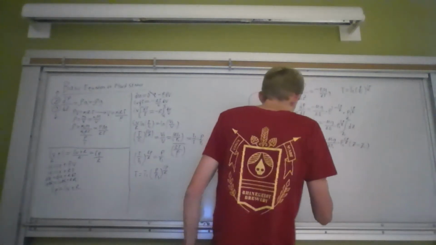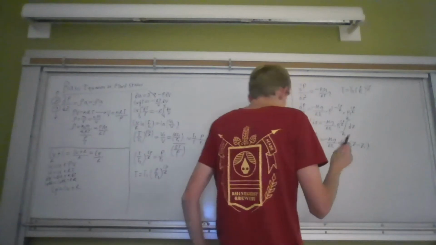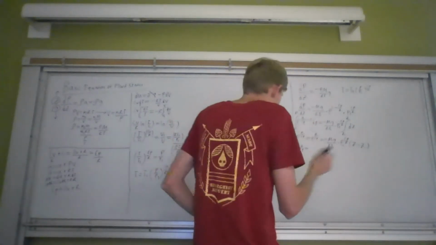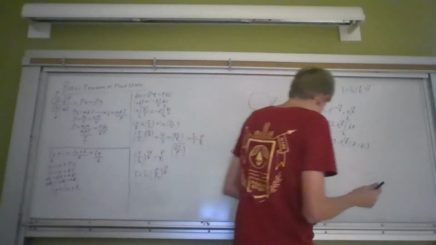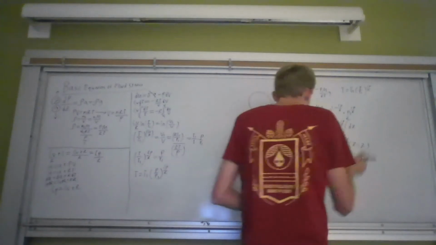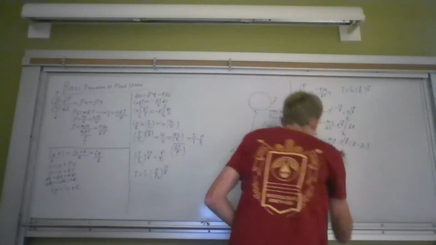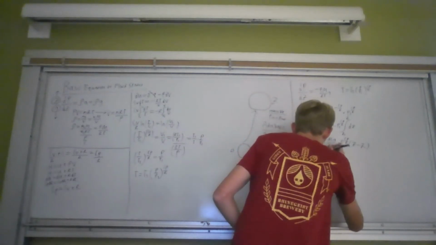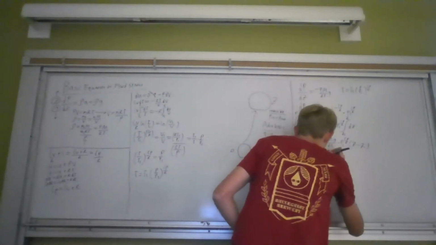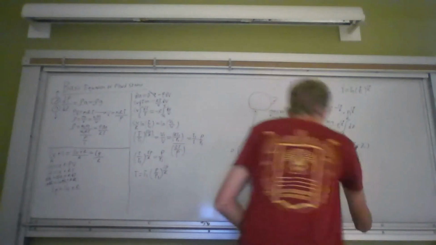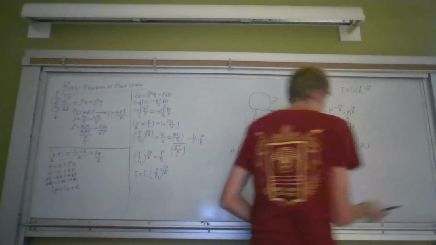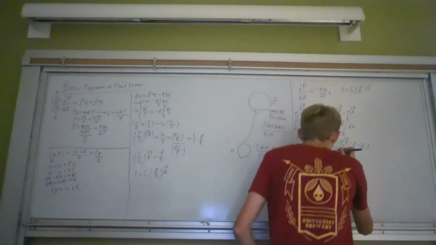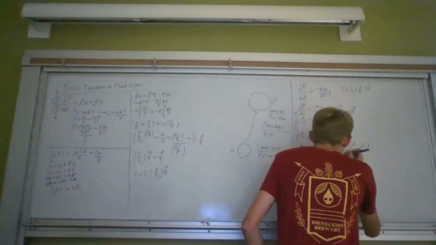That's heat capacity. From here, we can then say that P1 is going to be multiplied by 1 minus molar mass times gravity over RT1. And that's going to be multiplied by our Z's, so it's going to be Z minus Z1.